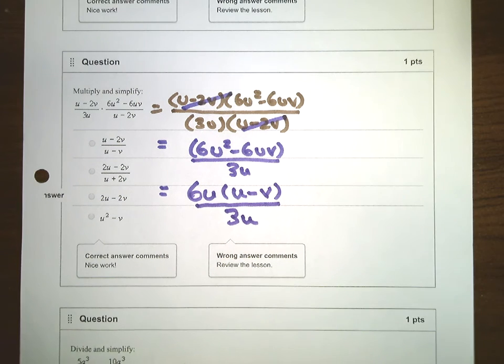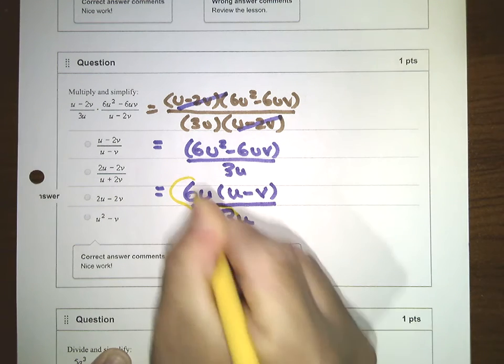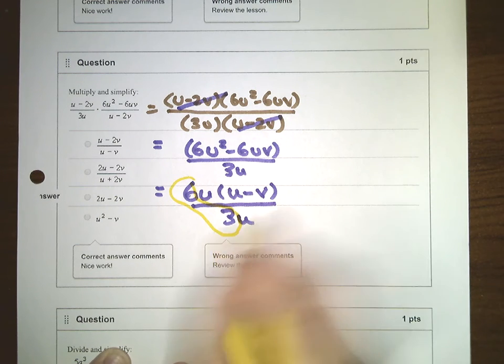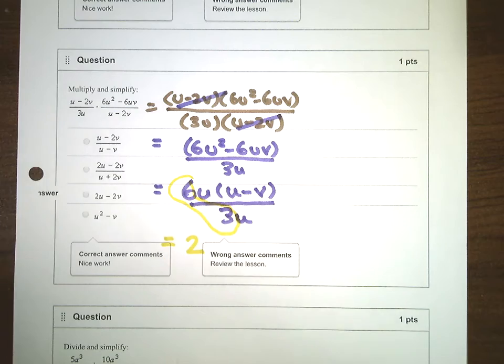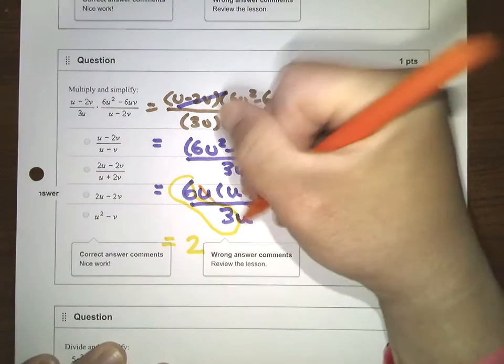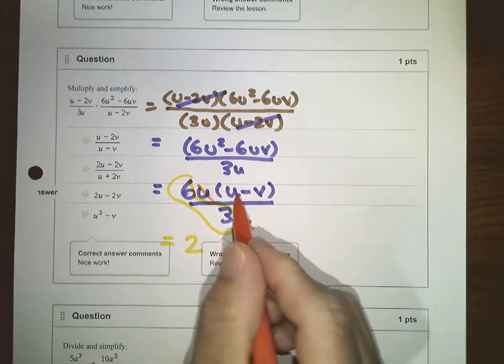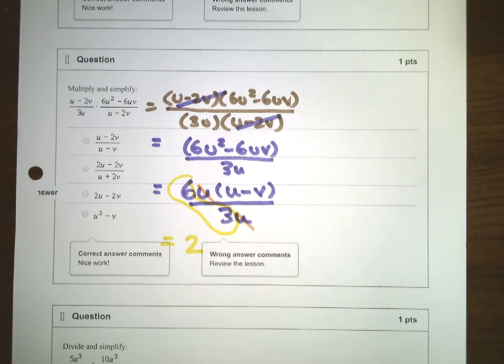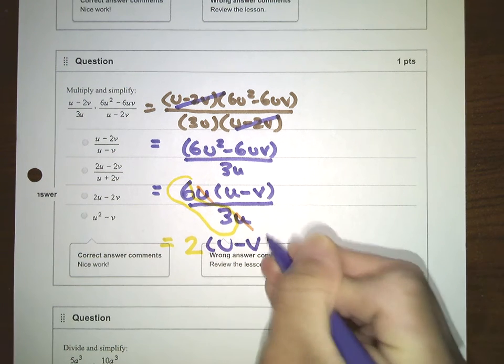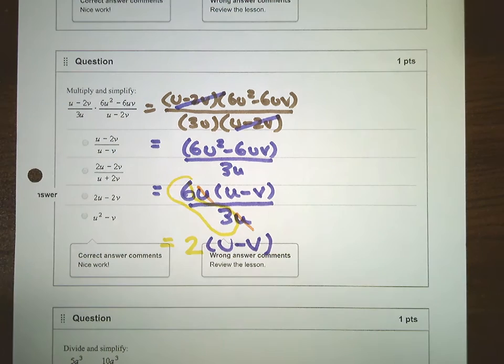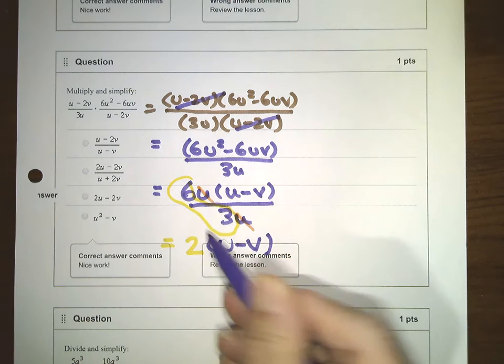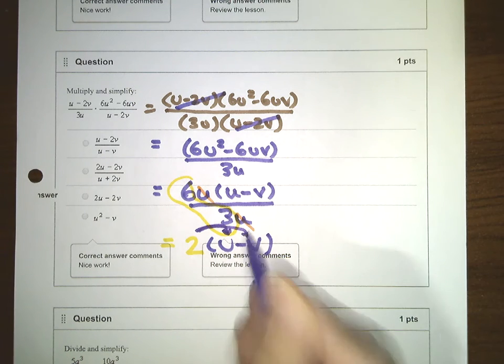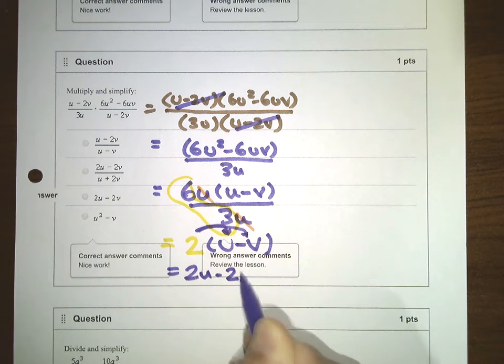And then now I see that 6 over 3 is 2, so I have 2, and then the u's divide out, so u over u is 1, and then I have a u minus v left here, so u minus v, but that's not one of the answers. But if I distribute the 2, I have 2u minus 2v.